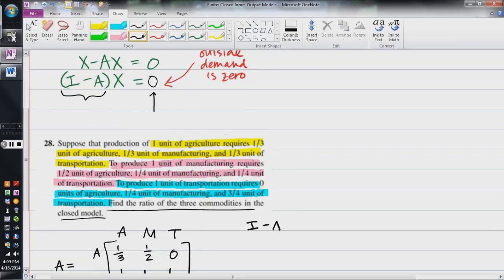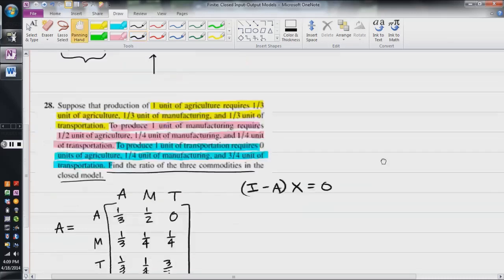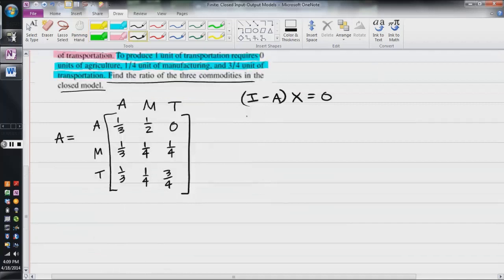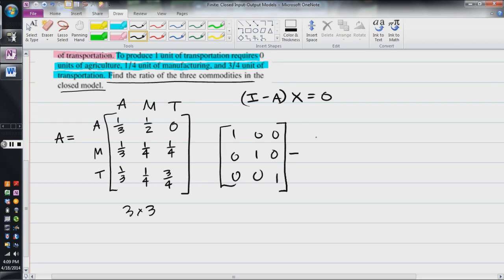I minus A times matrix X equals 0. Well, I'm dealing with a 3 by 3, so the identity matrix is going to be that. And I have the identity matrix minus matrix A.